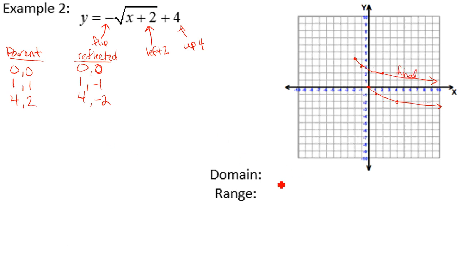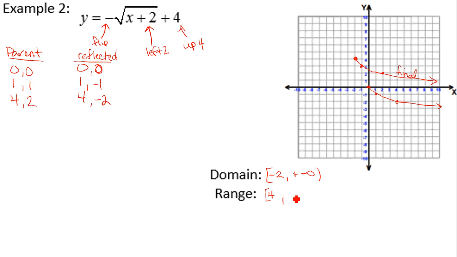So what's the domain of that final answer? What is the x value that starts right here? That's negative 2, and the arrow is still pointing to the right there, so negative 2 to positive infinity. Now my range, my y value right there is 4. 4 to what? Notice how the arrow now is not going up at a gradual ascent, it's now going down.